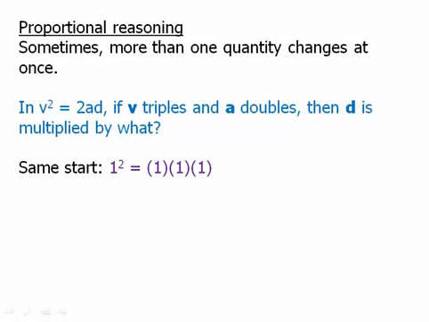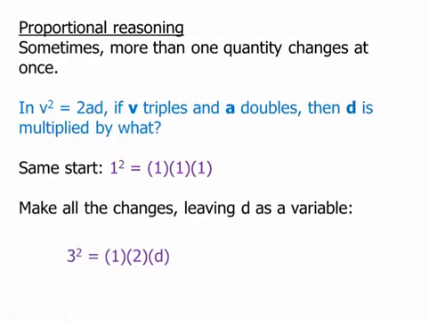So that equation works. Now we're going to replace the v with 3 because it triples. We're going to replace the a with 2, and we're going to leave the d as a variable. So 3 squared equals 1 times 2 times d, or in other words, 9 equals 2d, and d equals 9 over 2. So the distance is multiplied by 9 over 2, or 4.5.